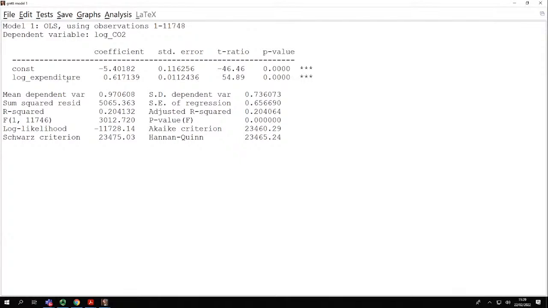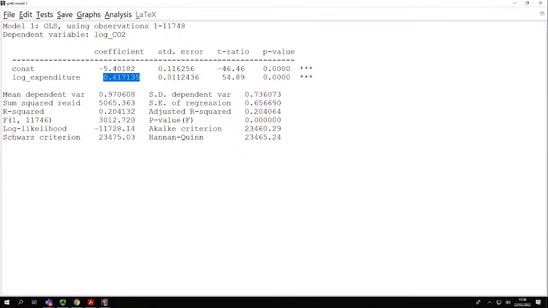This 0.62 is the parameter we are interested in, in order to decide whether or not to impose a carbon tax. For the moment we believe that this estimated model is a good one.